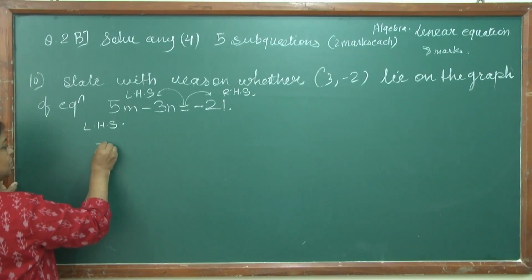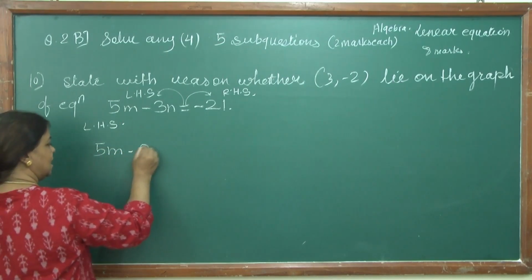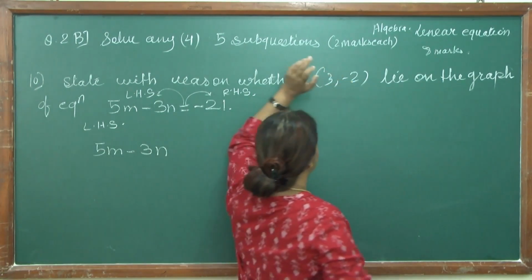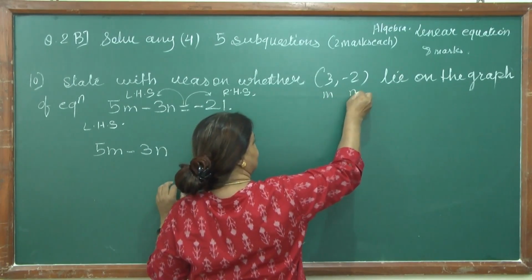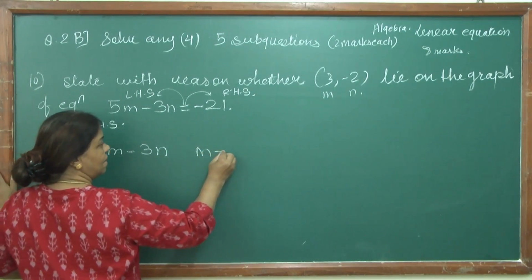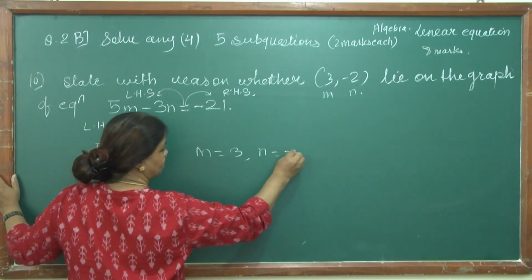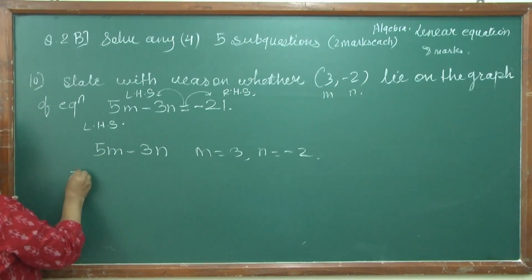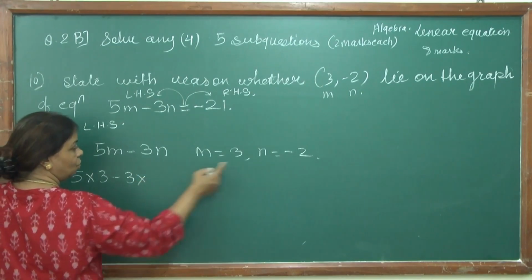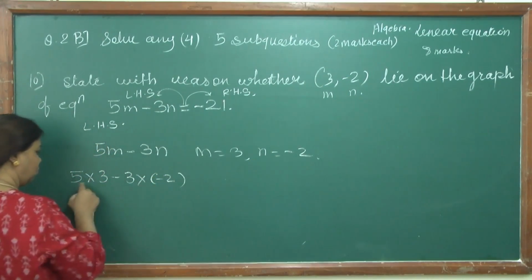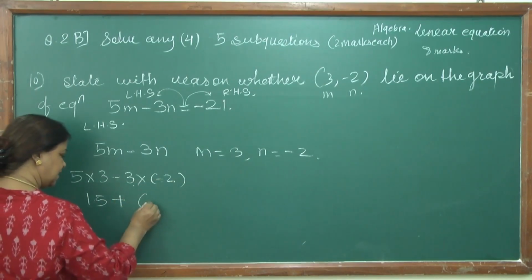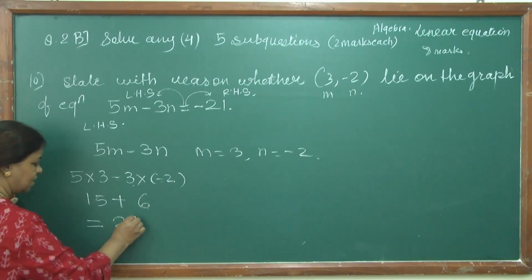Let me take the left hand side of the equation. What is the left hand side of the equation? 5m minus 3n, and here this is the coordinate. Let me write it as m and this is n. So I will be placing the value of m as 3 and n as minus 2. When I place it, 5 into 3 minus 3 into minus 2. 5 3s are 15, minus minus plus 3 2s are 6. 15 plus 6 is 21.